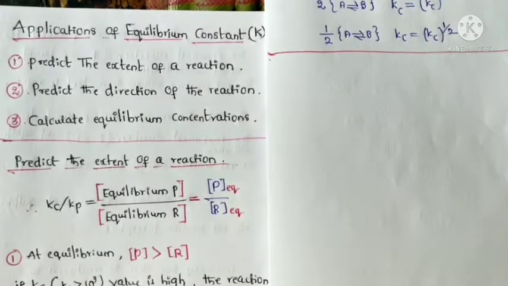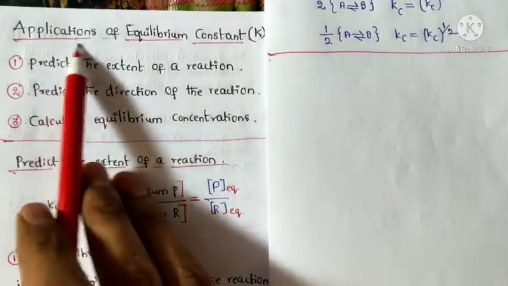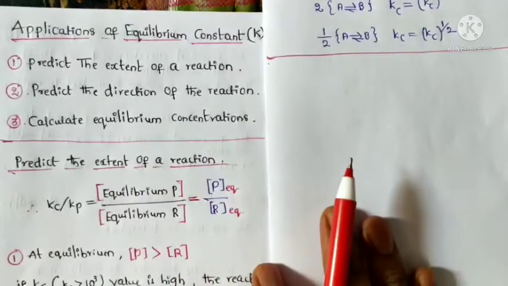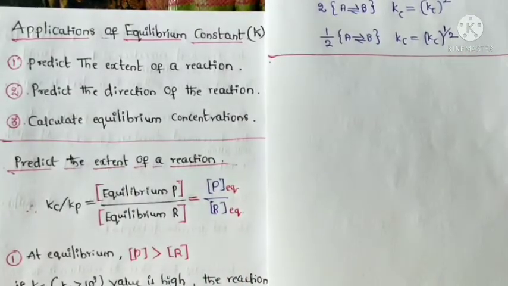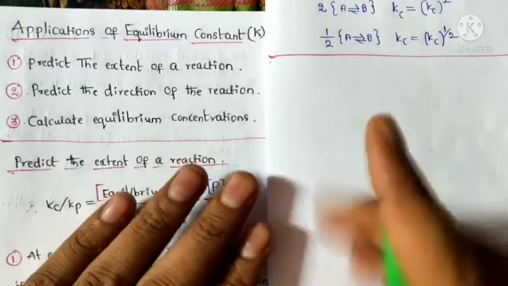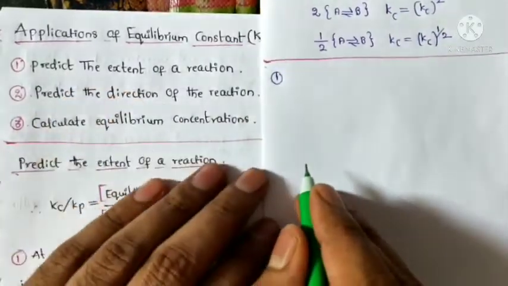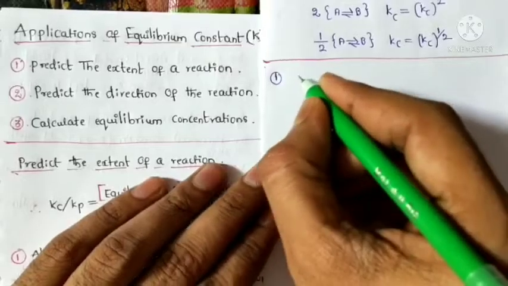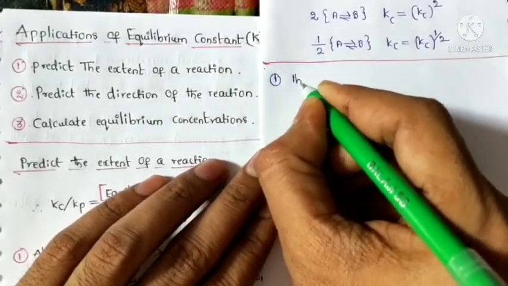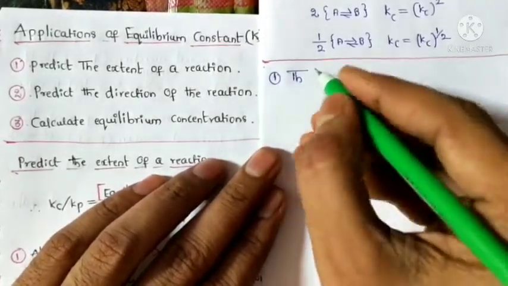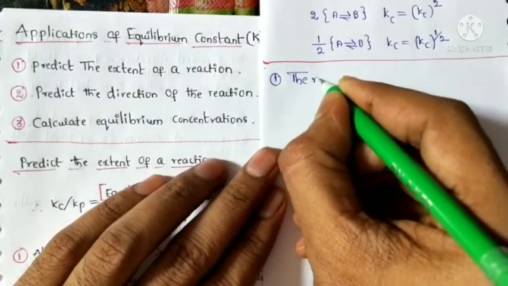Next topic is very important: applications of equilibrium constant. The first application is to predict the extent of reaction. That is, the equilibrium constant can explain the reaction extent.